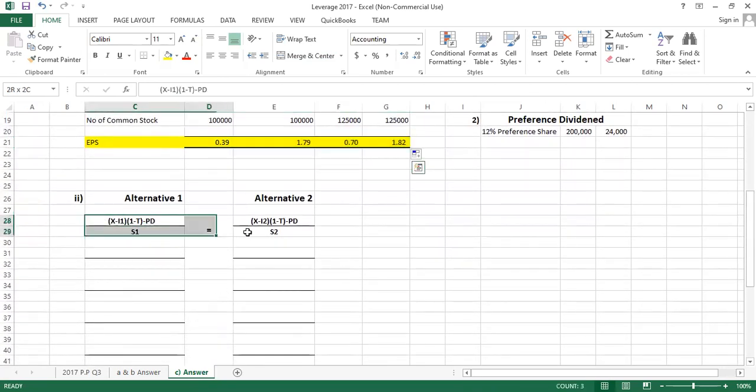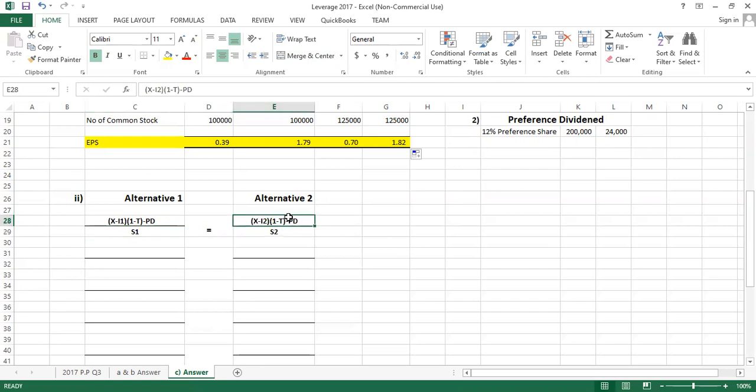This is the formula to calculate the indifference point. (X minus I1) where I1 means interest for alternative 1, and again open the bracket, (1 minus T), where T means tax, minus preferred dividend, divided by S1. S1 means the number of equity shares outstanding under alternative 1.